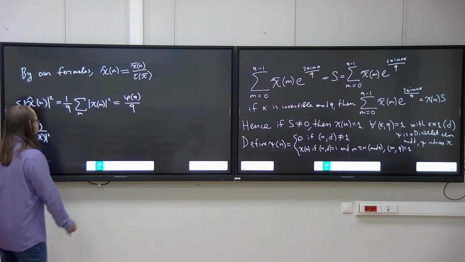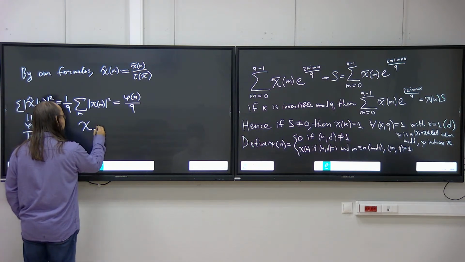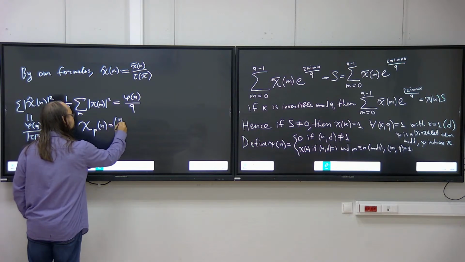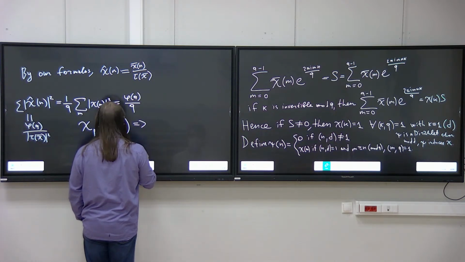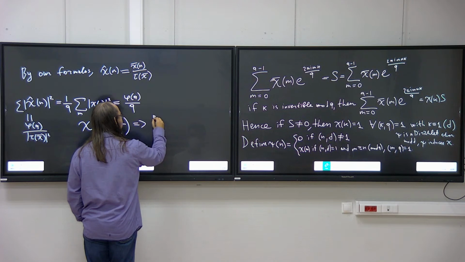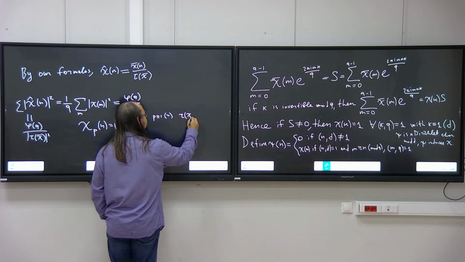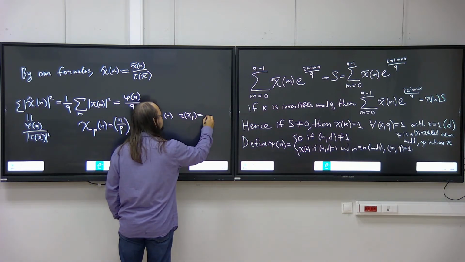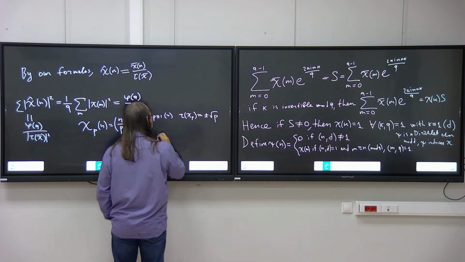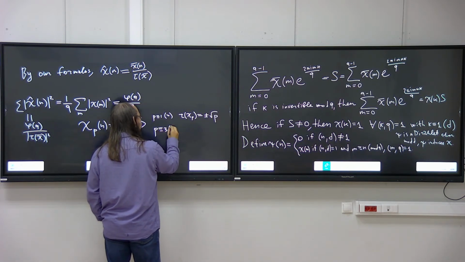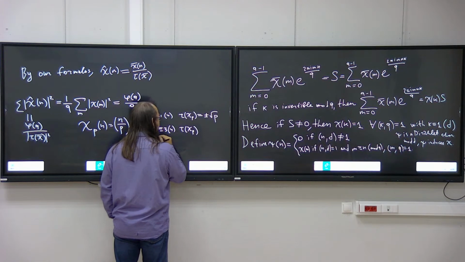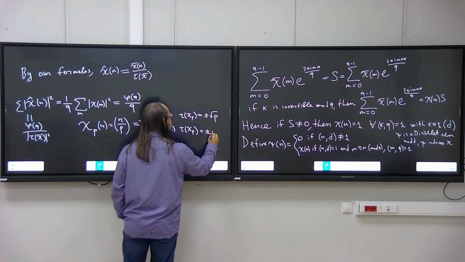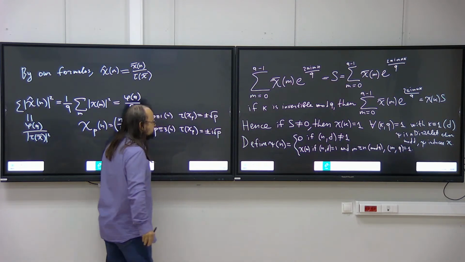So you can easily prove that if chi sub p of n is equal to the Legendre symbol of n modulo p, then if p is congruent to 1 modulo 4, then tau of chi p is equal to plus minus square root of p, and if p is congruent to 3 modulo 4, then tau of chi p is equal to plus minus i square root of p.